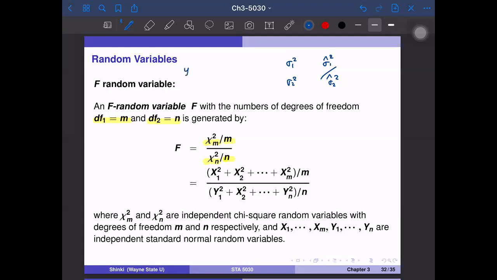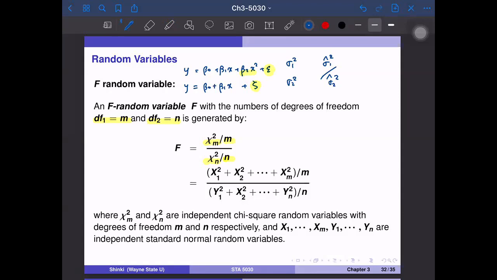For example, think about y is equal to beta naught plus beta 1 x plus beta 2 x square plus epsilon. And another model is beta naught plus beta 1 x plus some error zeta. The first model has more predictors, so we expect that the size of variance of epsilon is smaller than the size of variance of zeta.